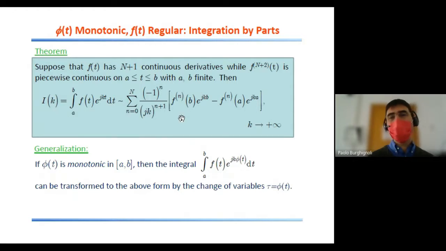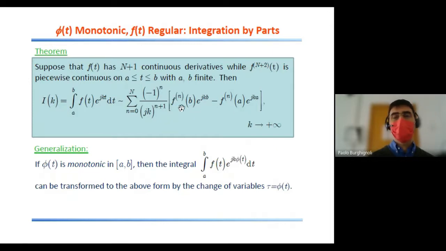Then under those assumptions, the integral can be asymptotically estimated by means of this finite summation, where small n goes from 0 to capital N, and in which what you see is the contribution of the endpoints that comes from integrating by parts. So you can see inside the square brackets, there is the difference of the values of the same thing evaluated at the right and at the left endpoint.